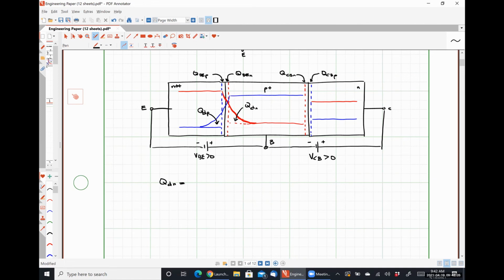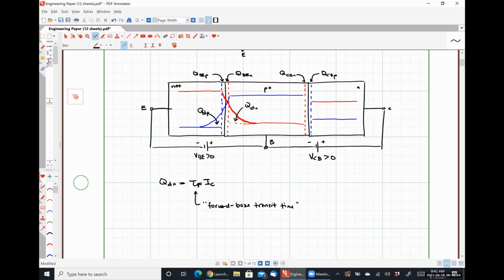QDN is simply equal to tau F times our collector current IC, where tau F is what's known as the forward base transit time.